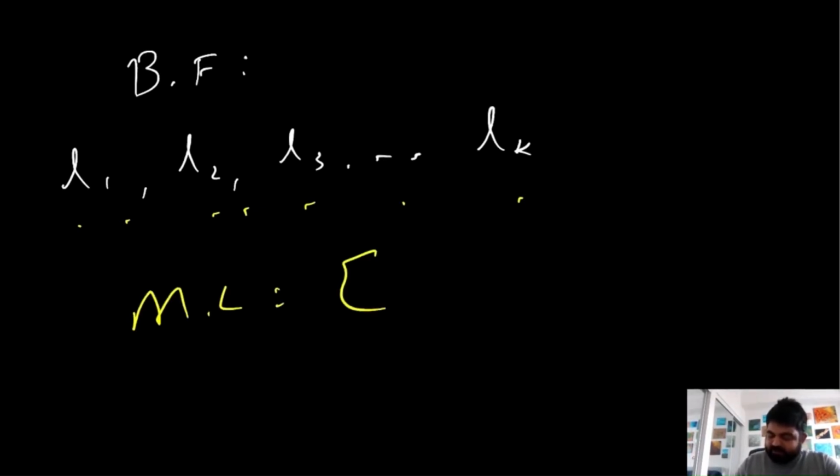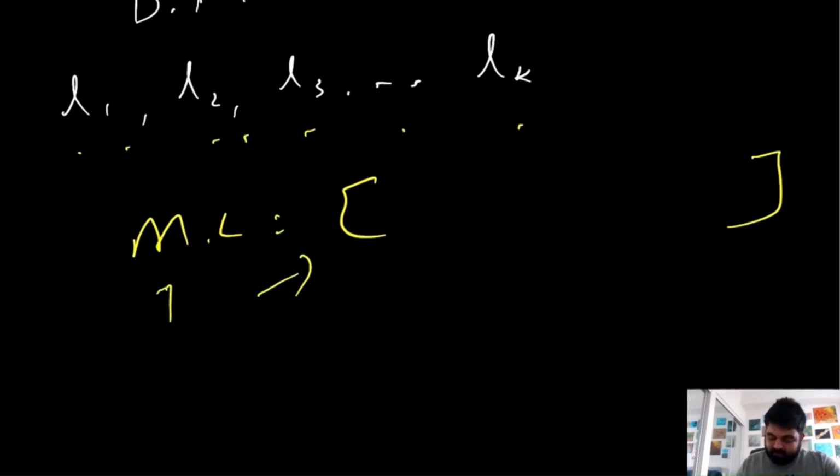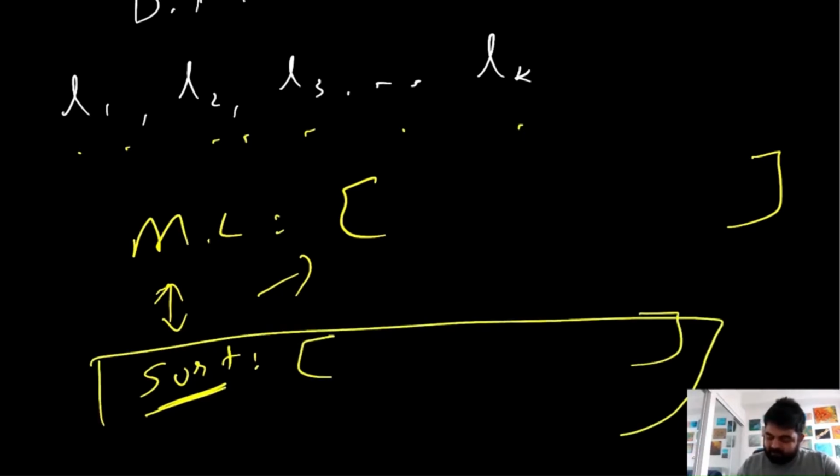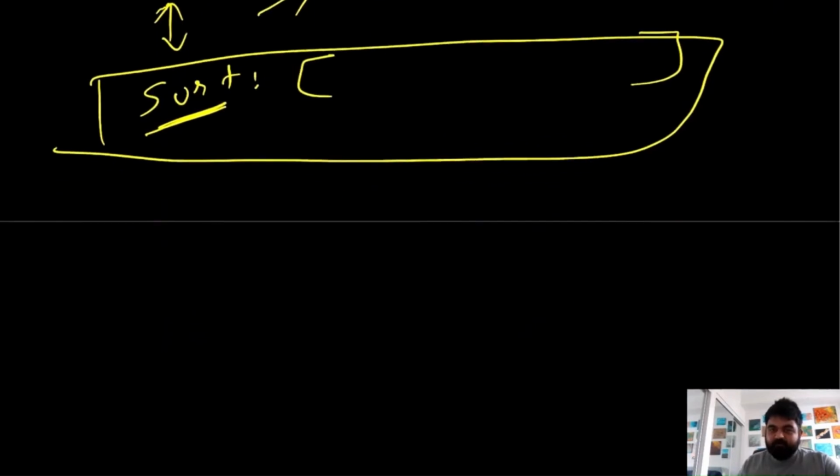In the merge list, initially we put all the values together, and then all we need to do is sort this merge list, and then the sorted list would be our answer. And basically that's the whole solution. This solution would work perfectly fine, and then in the end we can just return whatever sorted list we have found.